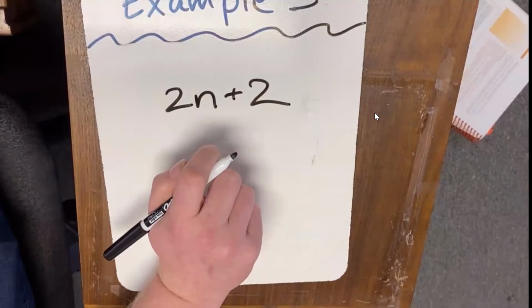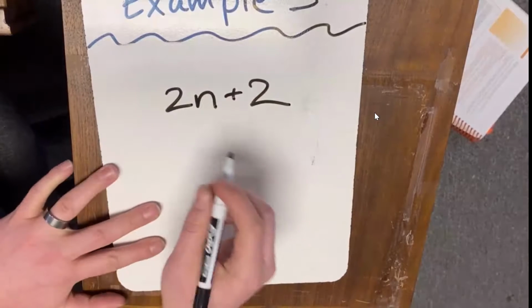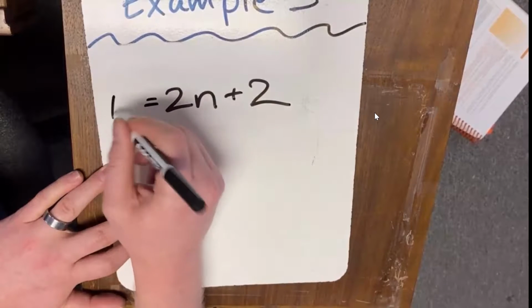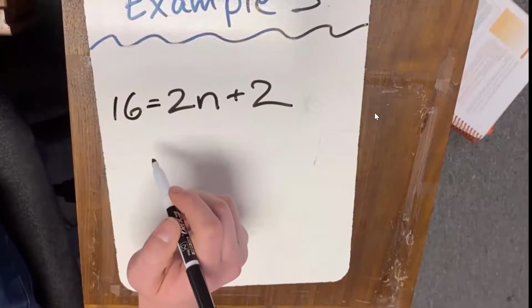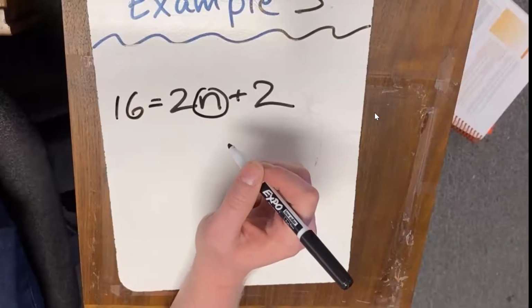How many tables are needed to seat 16 people? Oh, so I'm doing it the opposite way. We already know that there's 16 people, but we're solving for the tables.